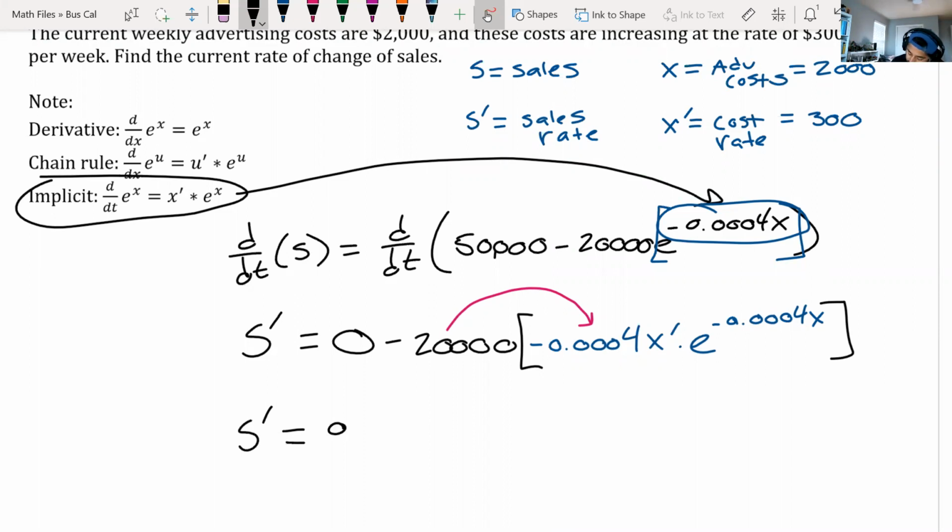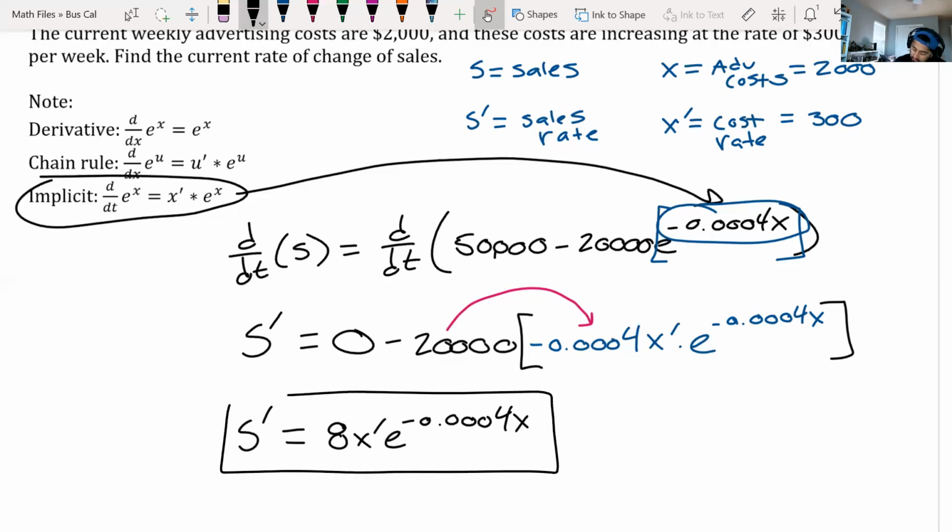So you're going to end up with 8 x prime e to the negative 0.004x. Whew. There's your implicit derivative. Now, plug in x and plug in x prime. Everybody good?